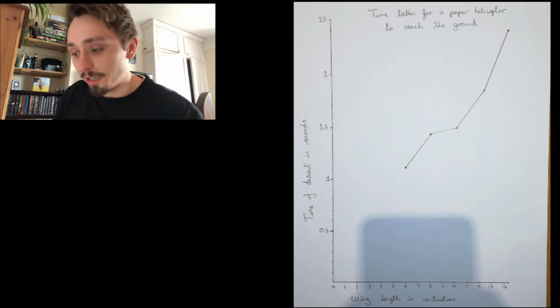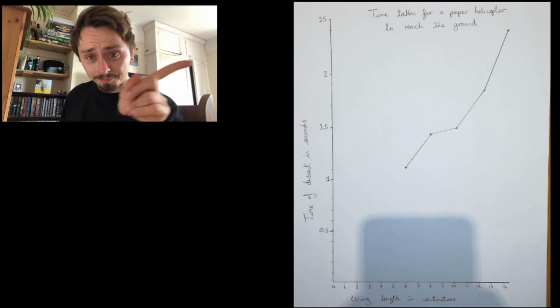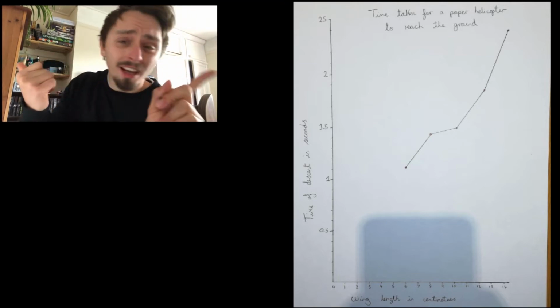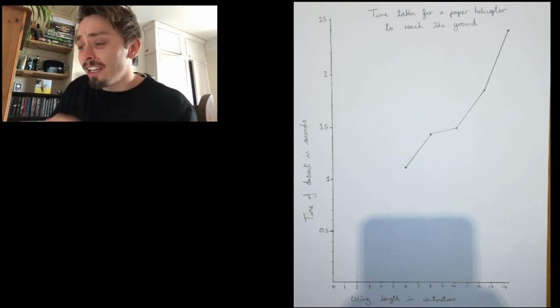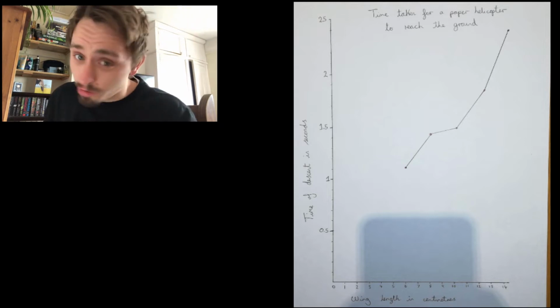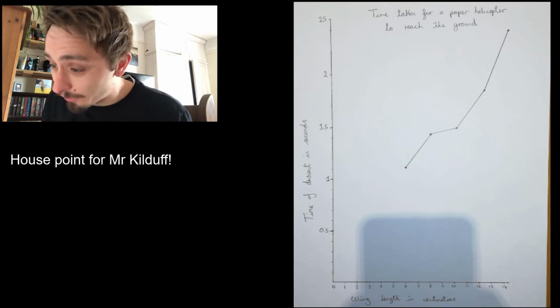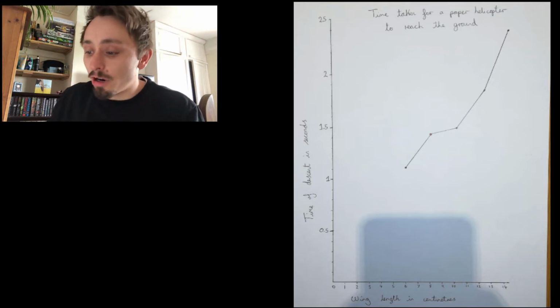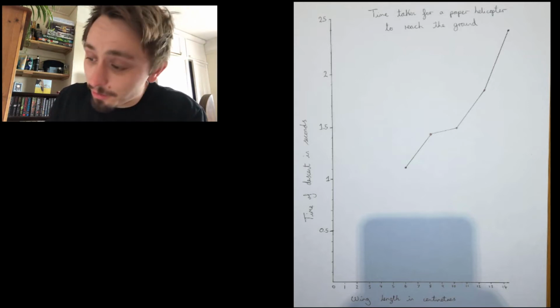Right, on the little screen now. Here you should see Mr. Kilduff's graph that he created, the line graph. By the way, Mr. Kilduff, great use for a ruler. Good job, perfect. You can see his graph there with a little shadow of his phone sticking over there to take a picture.